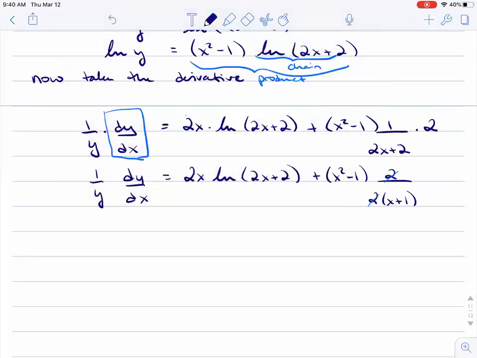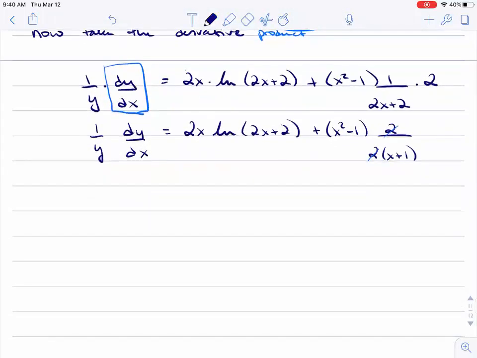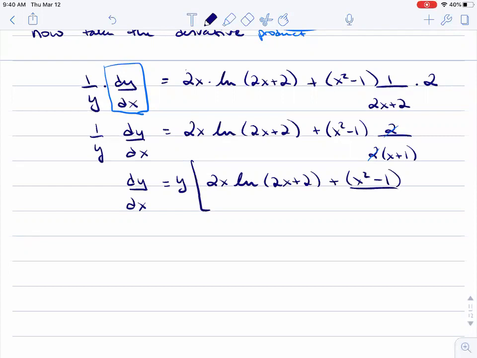So here, what we've got is, if we're solving for dy/dx, I can multiply both sides by y, right, to move that y over. So y times 2x times the log of 2x plus 2 plus x squared minus 1 over x plus 1. And yeah, it looks like we could cancel that, but it's okay. Doesn't matter.